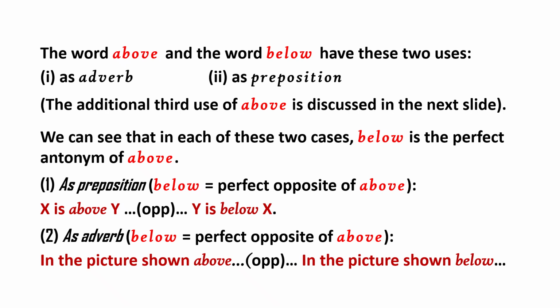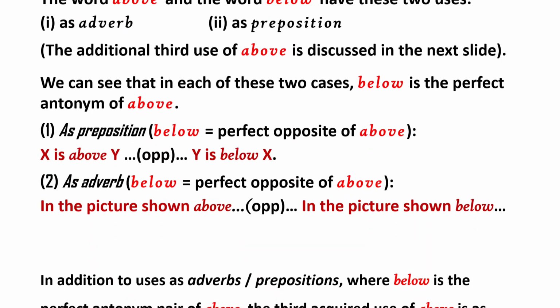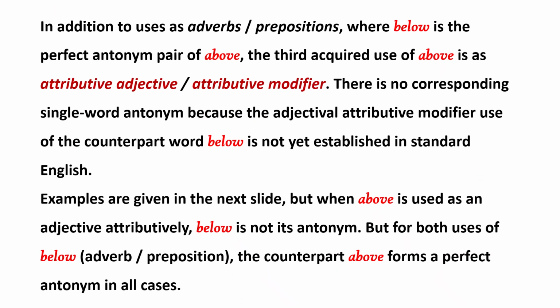Other than as preposition, other than as an adverb, we have a third use. In addition to uses as adverbs or prepositions, where below is a perfect antonym of above, the third acquired use of above is as attributive adjective or attributive modifier.